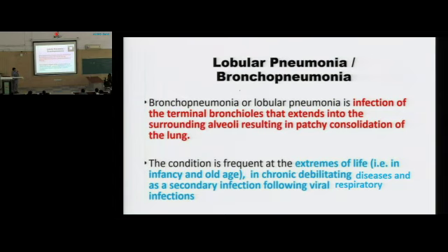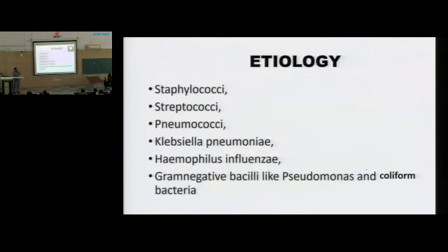The condition is frequent at the extremities of age. I already told you, lobar pneumonia is common in adults, while lobular pneumonia is common at the extremities. It can affect children or debilitated elderly patients, and it occurs as a secondary infection following a viral respiratory infection in these patients. So what is the etiology?